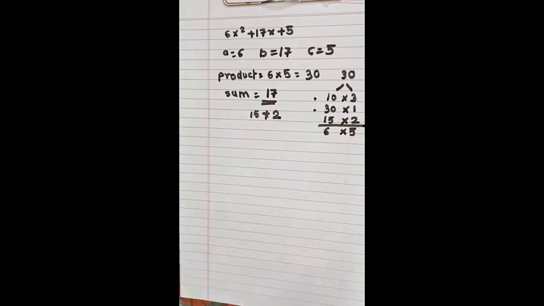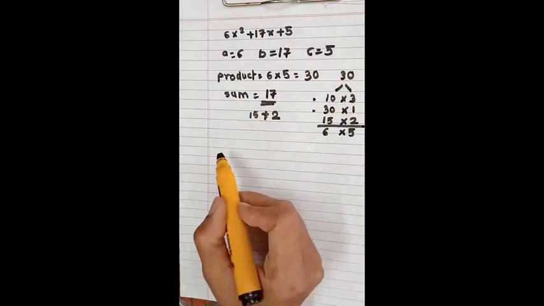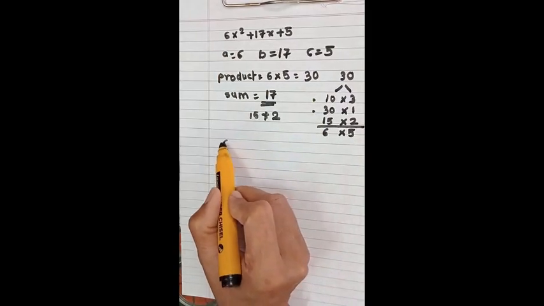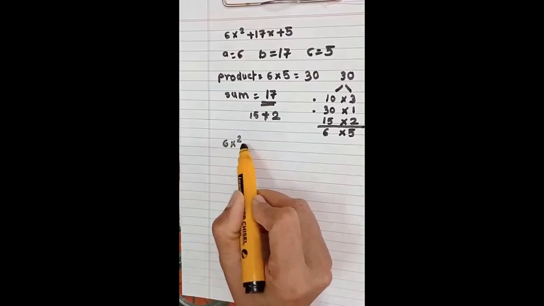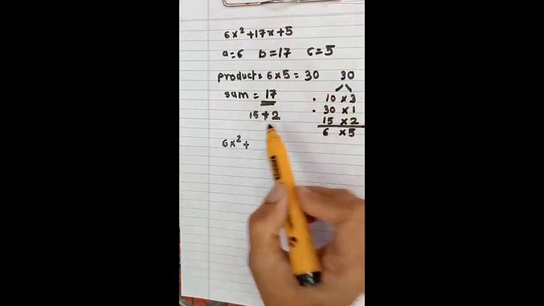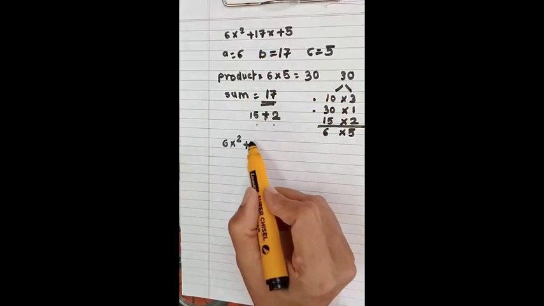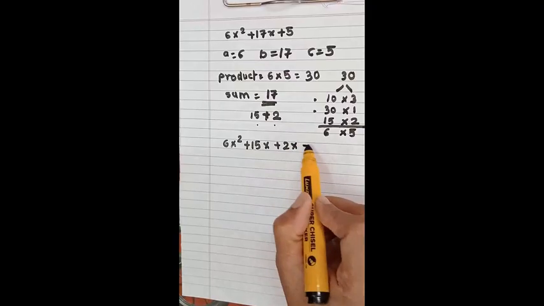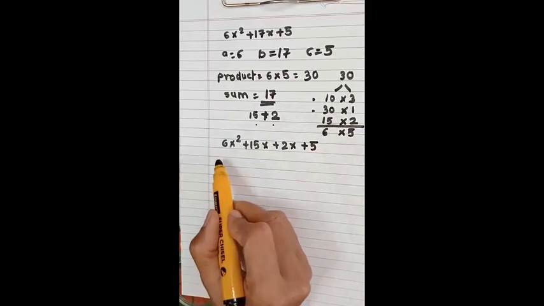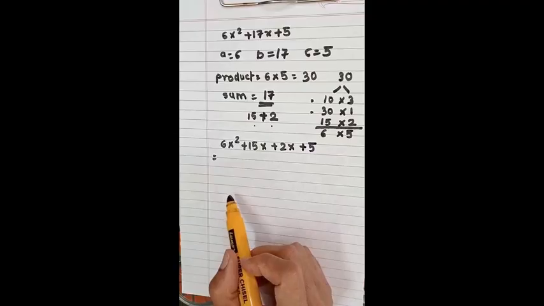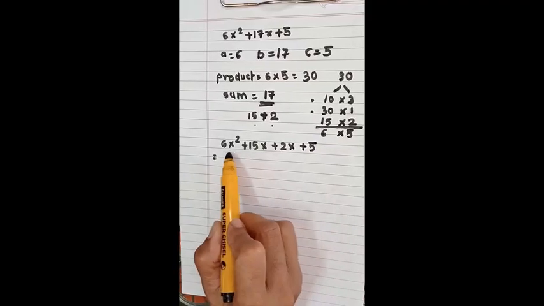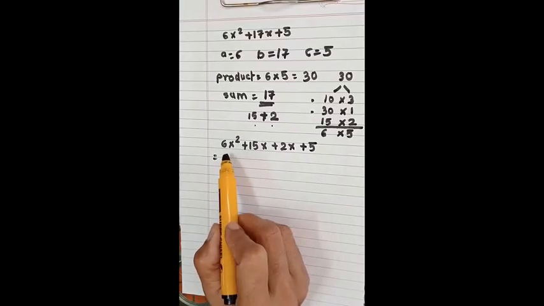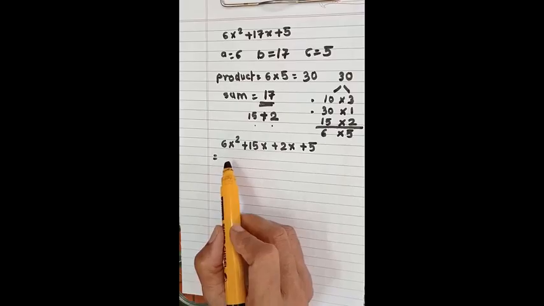So you have the factors by splitting the middle term. So you can write this equation as 6x square plus, instead of 17, take these two factors, 15x plus 2x plus 5. Now what you have to find is the common factor between these terms. So for 6 and 15, I will take 3 common.